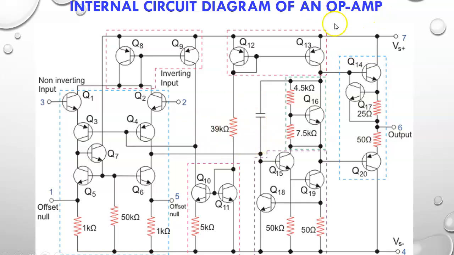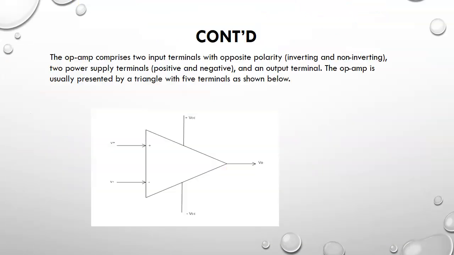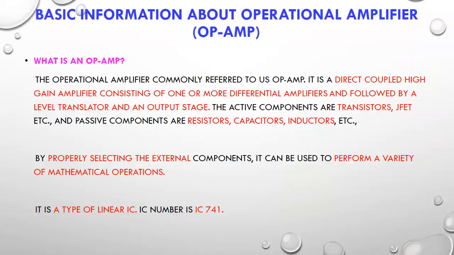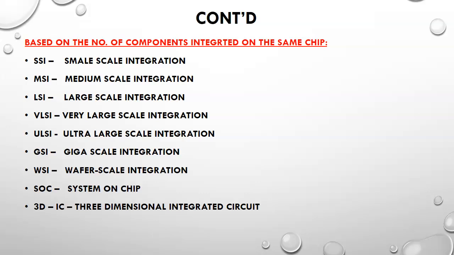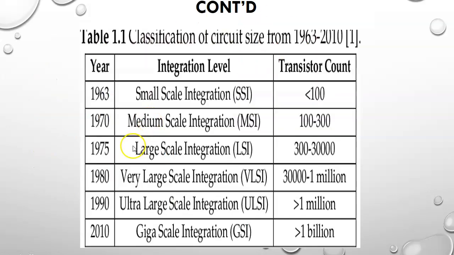So this opamp IC comes under small scale integration. In previous slides, we have seen that based on components, IC chips can be classified as small scale integration, medium scale integration, and so on. This IC741 opamp comes under less than 100 transistors, since 20 transistors are built in, as we just saw.